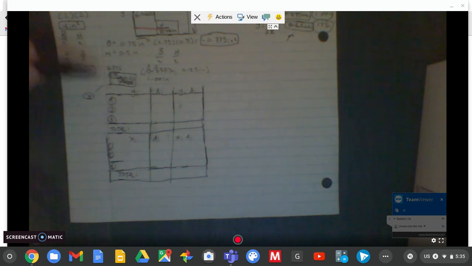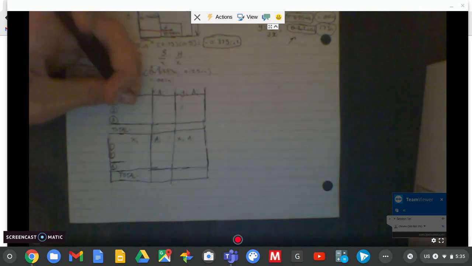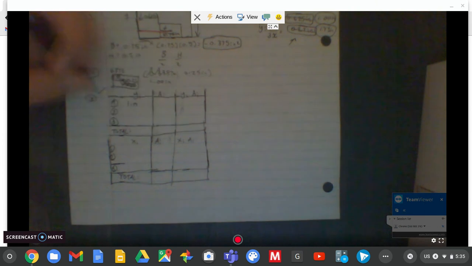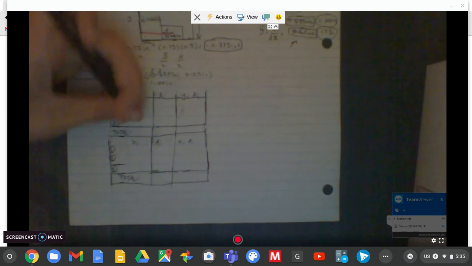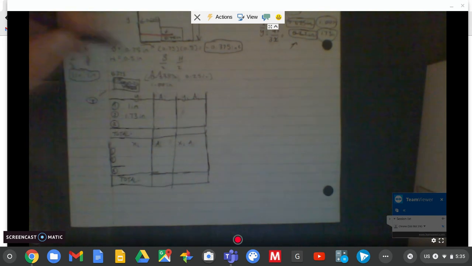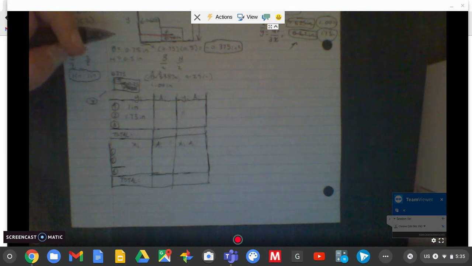The Y coordinate for shape 1 of the centroid, we said was 1 inch. For shape 2, the Y coordinate was originally 0.27, but remember we changed that to 1.73 because we had to do it relative to the axis.